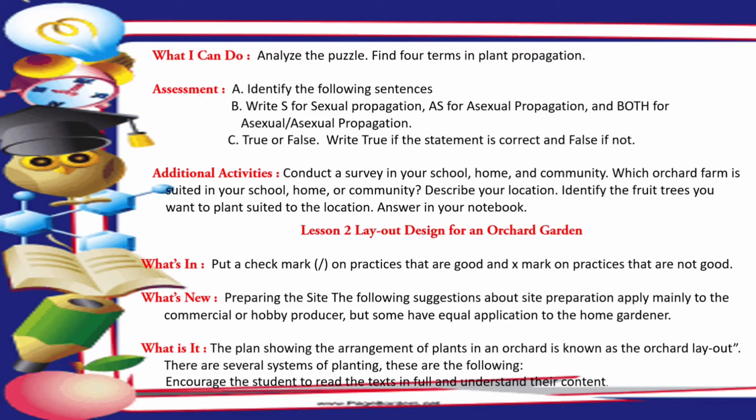What is it? The plan showing the arrangement of plants in an orchard is known as the orchard layout. There are several systems of planting. These are the following. Encourage the student to read the text in full and understand its content.